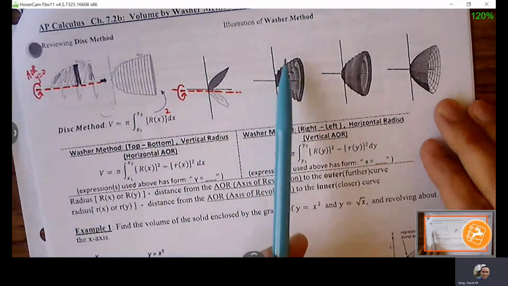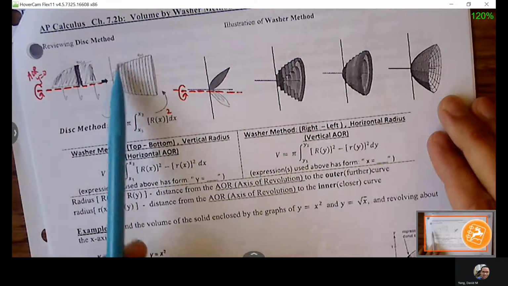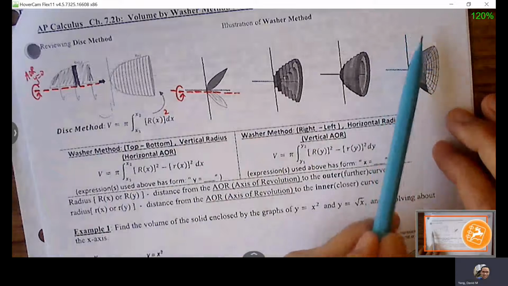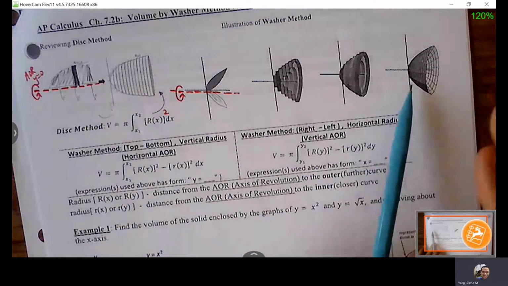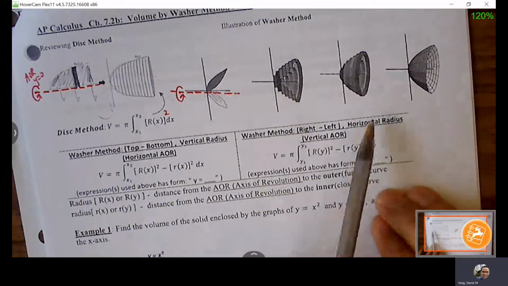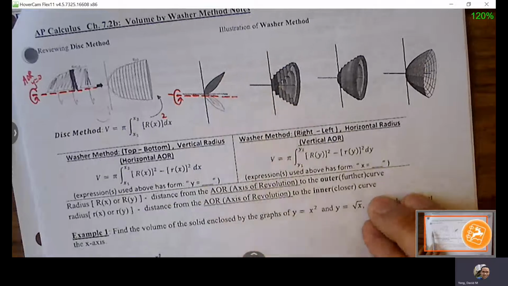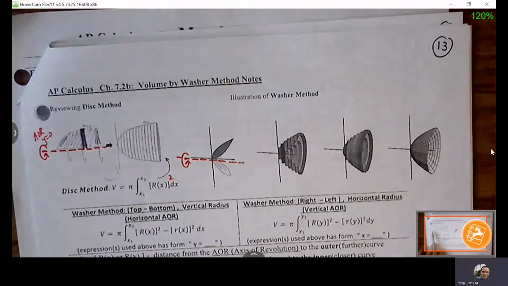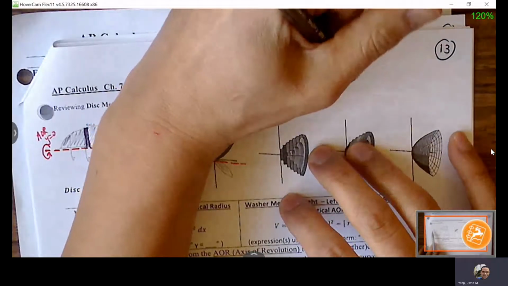So the idea is that, well, if I can think of this as circular disks, if I were to slice this object down, maybe it's more like circular rings, right? I'm adding areas of circular rings to essentially create this object. Okay, so let's review a little bit from a 2-dimensional perspective.